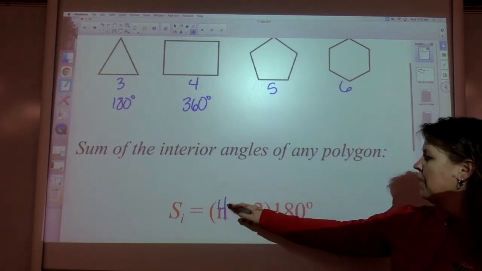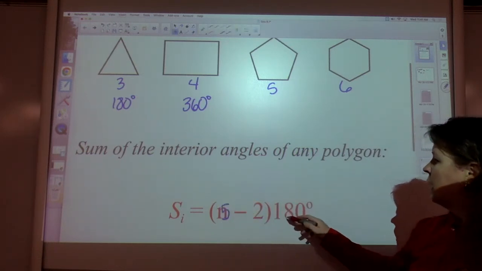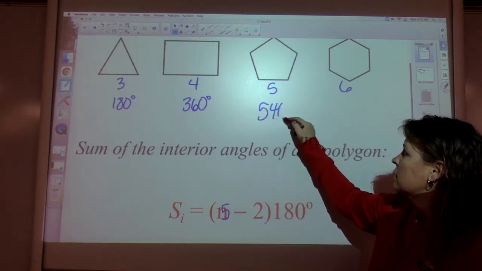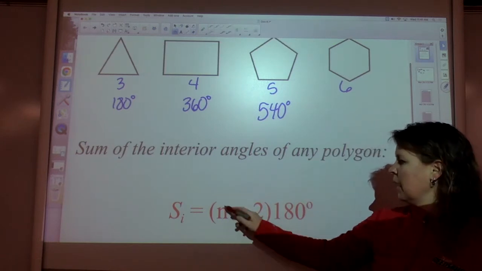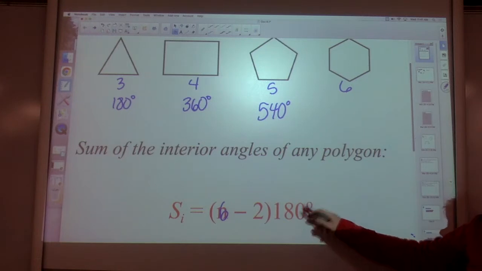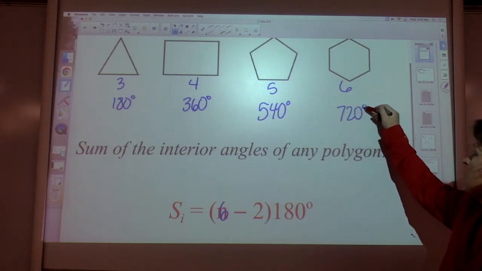How many are in a pentagon? 5 minus 2 times 180. 3 times 180 is 540 degrees. Notice I put the degree symbol on it every time. And in a hexagon, 6 minus 2 is 4. 4 times 180 is 720 degrees.